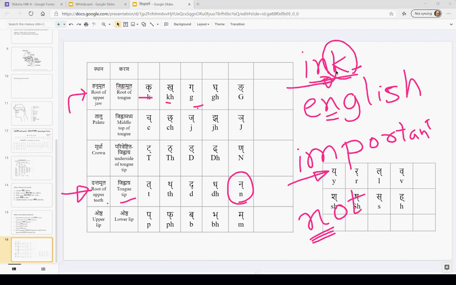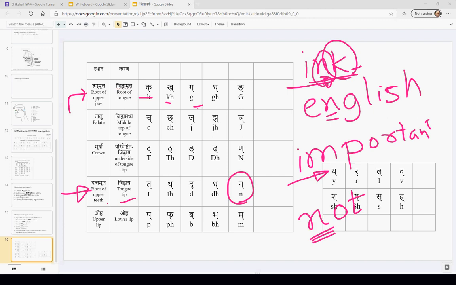So this N sound in between is represented in English with N because there is no other letter or symbol in the English alphabet to represent that sound. We are writing N, but the pronunciation is changing to something different.